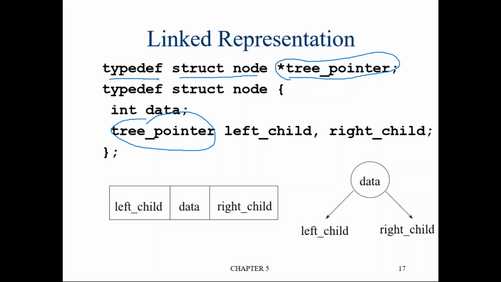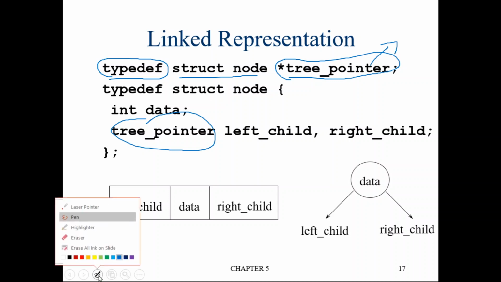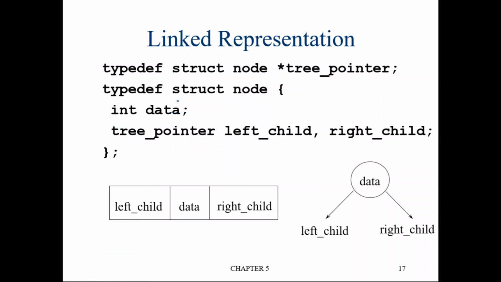So typedef is used to create what? A user defined data type. So now you have created a user defined data type, and its name is tree pointer. This tree pointer can point to any struct node. Here it is a little different in the sense that before defining struct node you are using struct node.